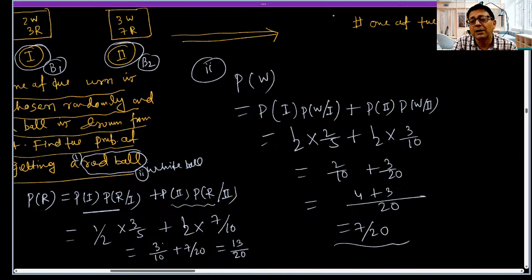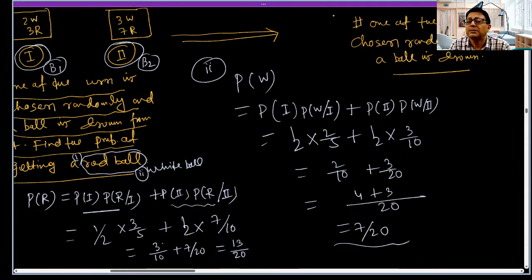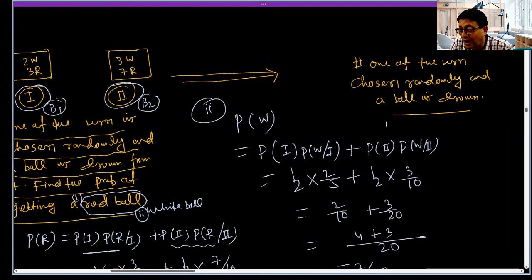One of the urns chosen randomly and a ball is drawn. What is the probability of red? What is the probability of white? This you have understood.